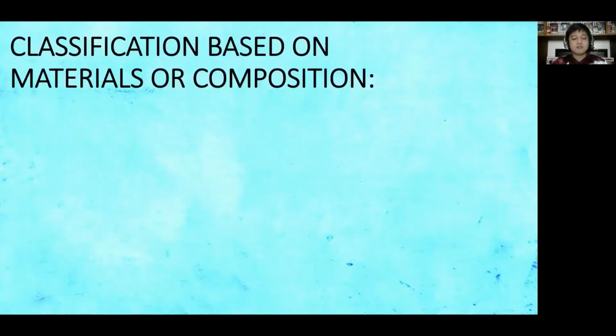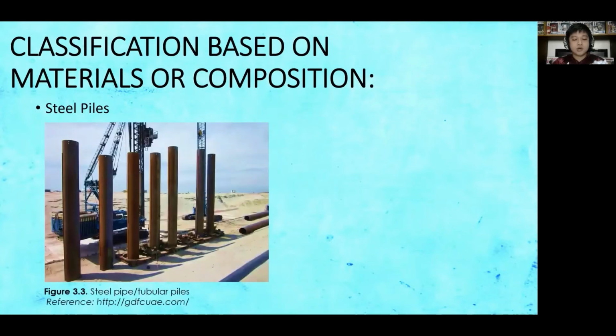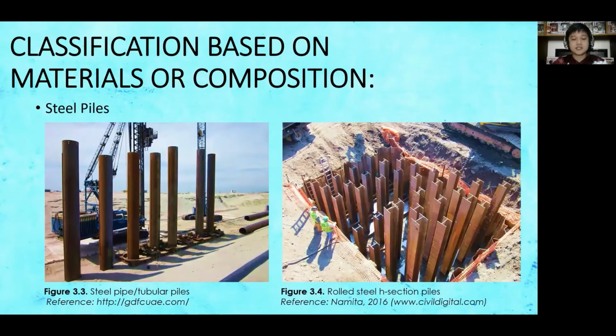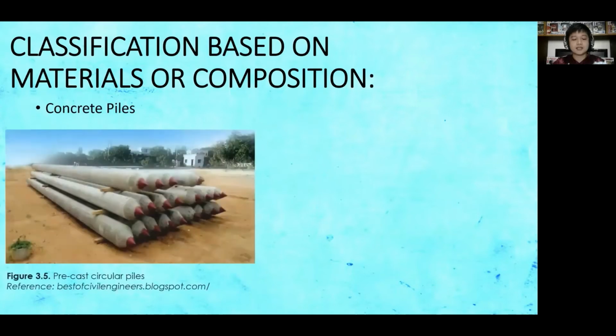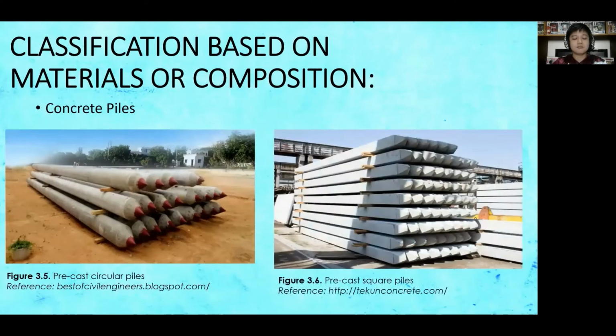We have four major classifications of piles based on materials or composition. First is steel piles. For steel piles, it is either pipe or tubular piles, or the rolled steel H-section piles. Second is concrete piles. Under this classification, we have precast, either circular or square-shaped piles.